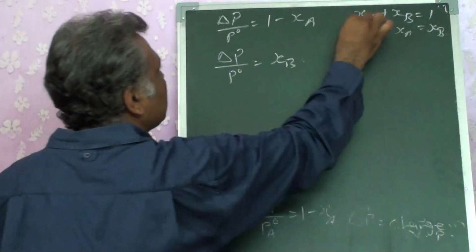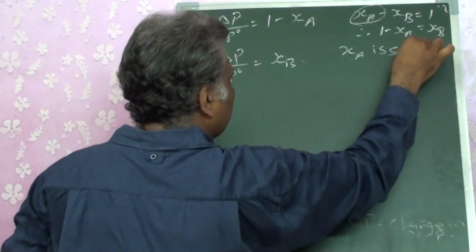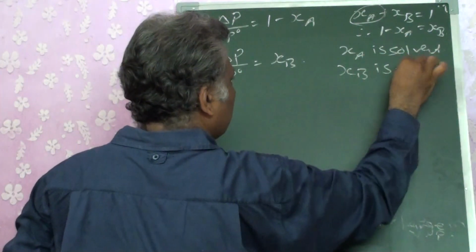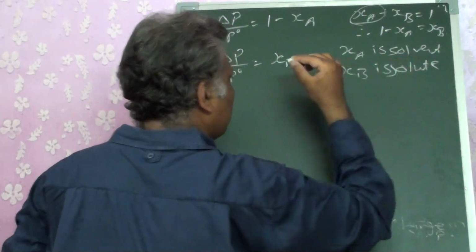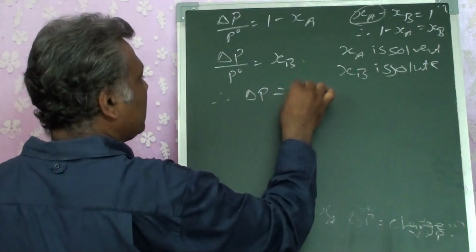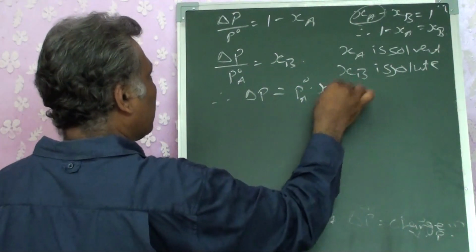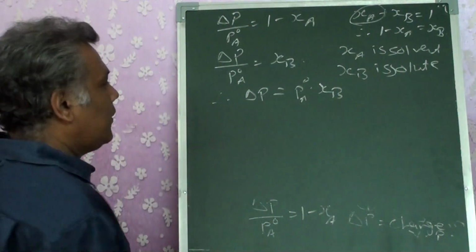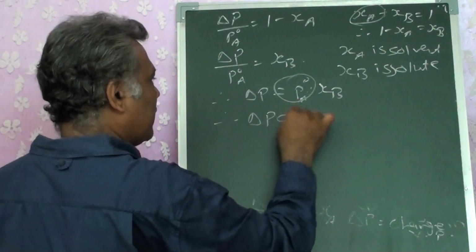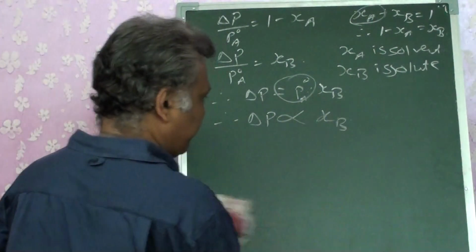Now if XA is the solvent, then XB is the solute. Therefore we get delta P is equal to P naught A into XB. If I remove this as a proportionality sign, we get XB. So what does it show?